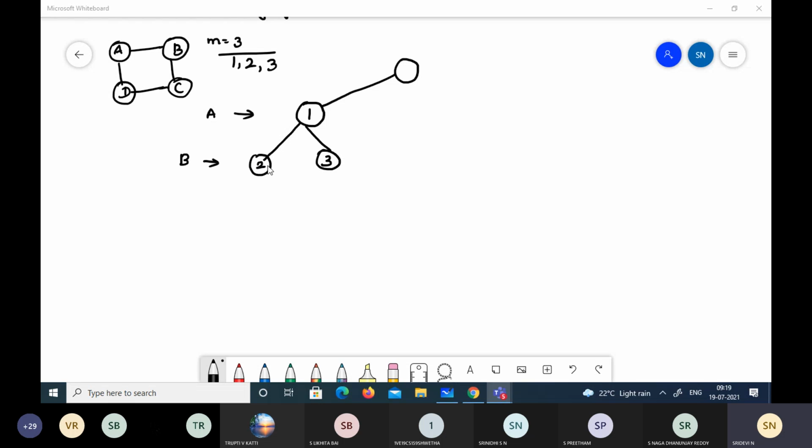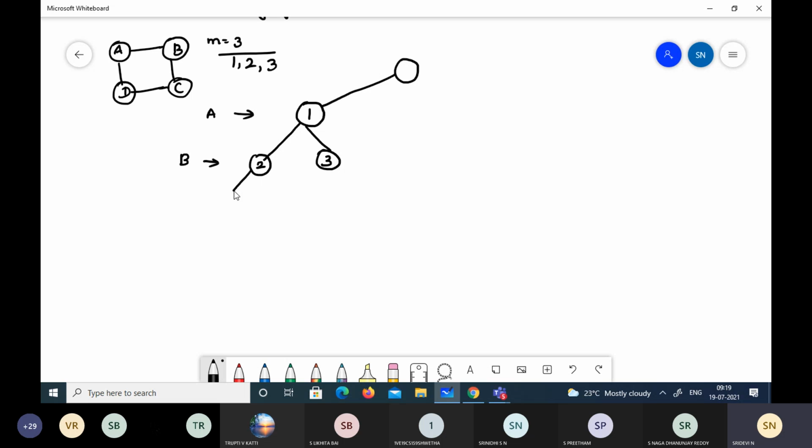Okay, when B is colored with 2, we have to check what are the possible colors which can be used on this C, right?